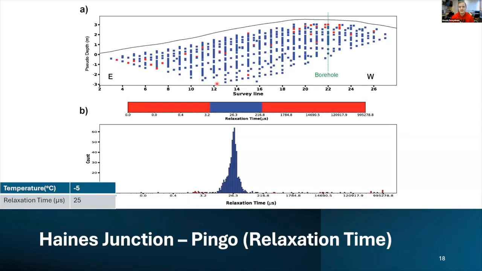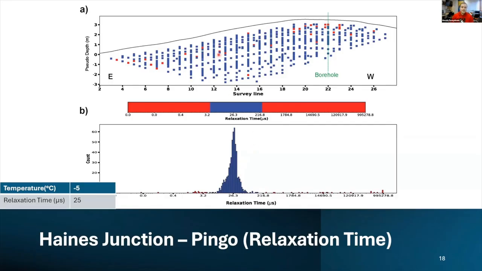As you can see here, the relaxation time in this study area showing most of pixel and most of data relaxation time is near to 26 microsecond. And there is some point that not being in the relaxation time of ice.